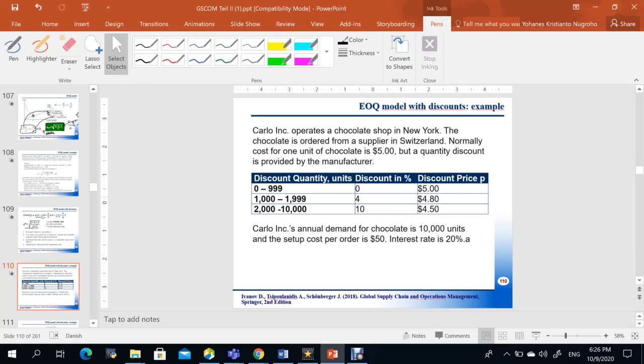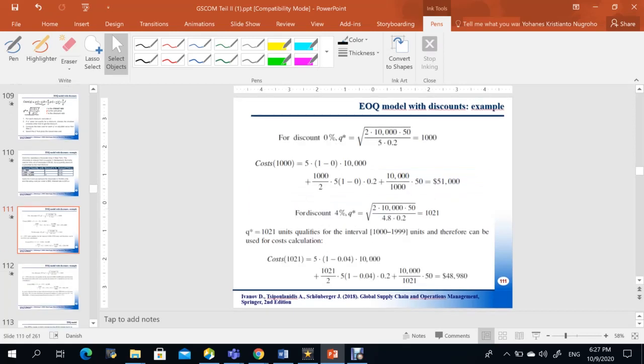The task is to find at what quantity this company, Carlo Incorporation, must order from its supplier in Switzerland. Okay, we know the interest rate is 20% per year. Let's now try for no discount, meaning that R equals 0, and we put all information into the equation for finding economic order quantity.